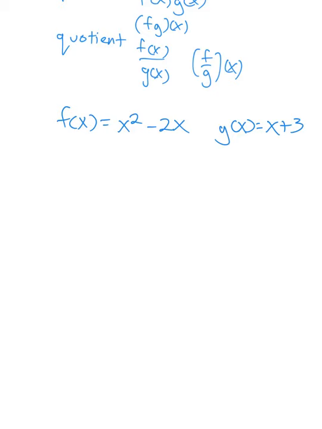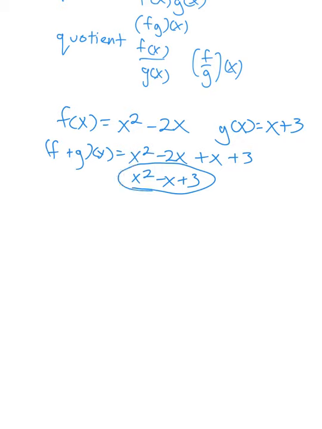If we were to add them, f plus g of x, then they would go x squared minus 2x plus x plus 3. We're left with x squared minus x plus 3. And that would just be our answer right there.